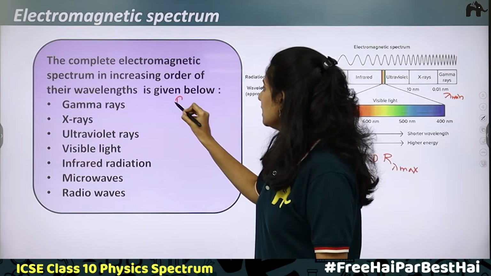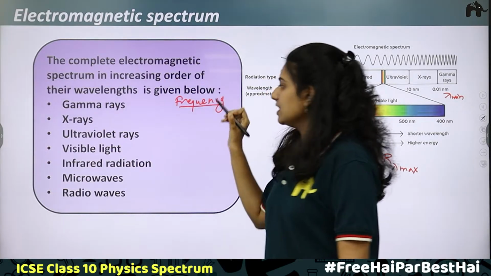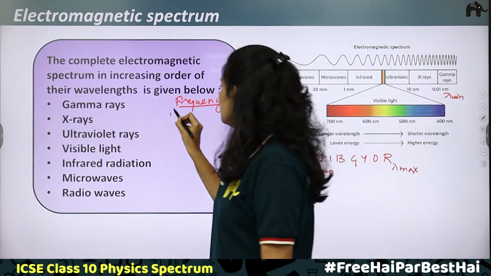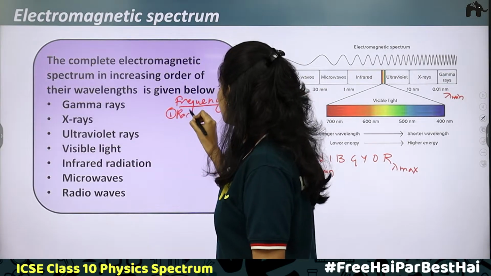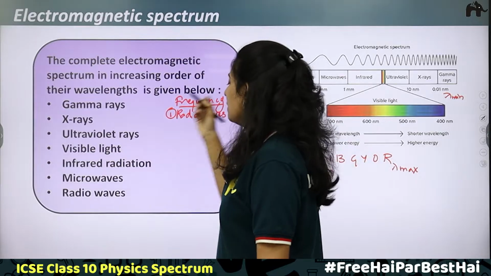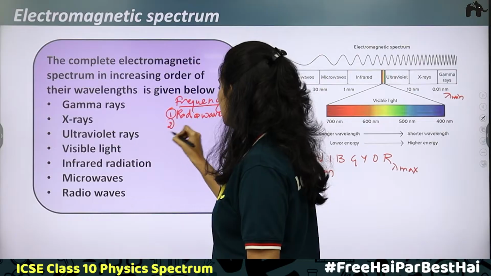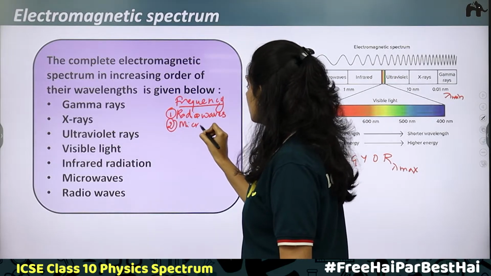So, if you are taking the increasing order of frequency, then first we will be having the radio waves. Radio waves, maximum wavelength, minimum frequency. Second, you will be having microwaves.